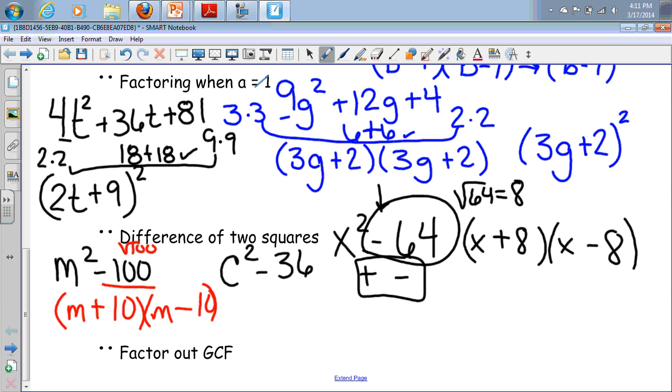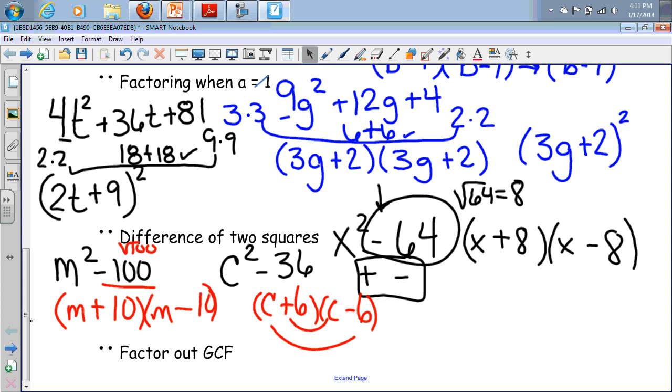Okay. What about c squared minus 36? I'm going to have a plus and a minus, and I know I'm going to have a c. Square root of 36, 6. Because you see when we FOIL, we get a plus 6c and a minus 6c, and those will cancel each other out. Hopefully, this is bringing back some good review.